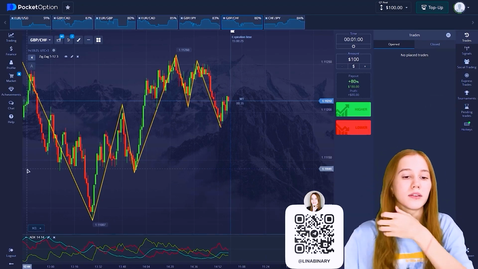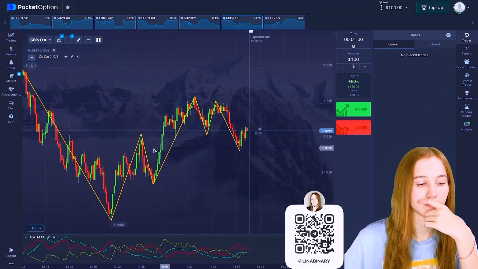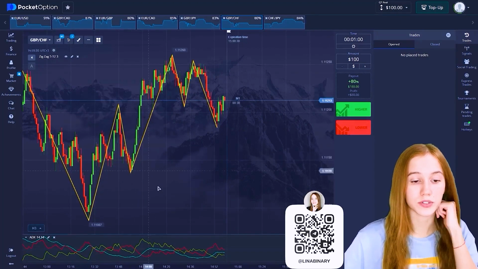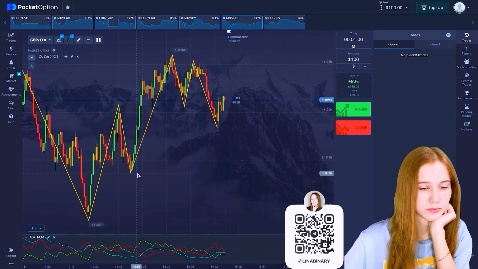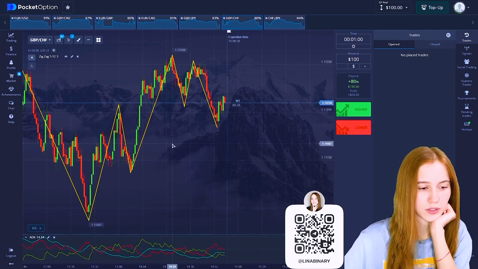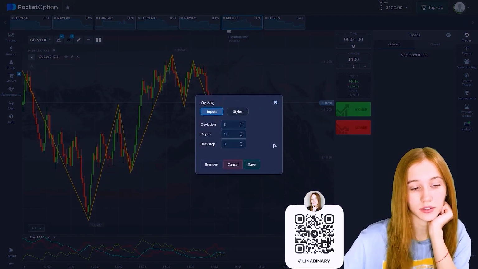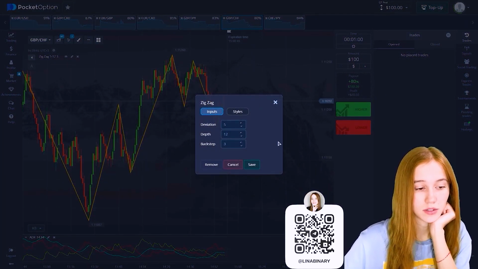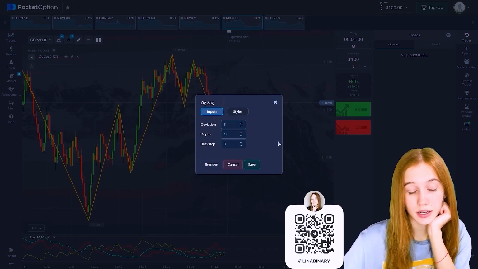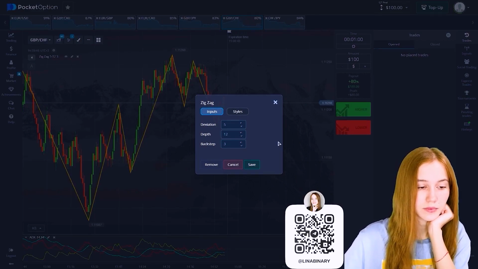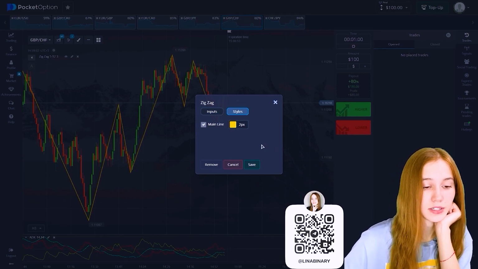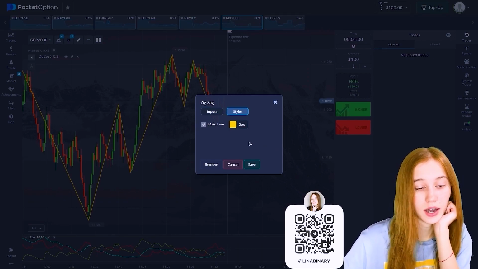I'll start with the first indicator, ZigZag, located on our chart. Here are its parameters. You can pause the video and screenshot them, copy them.